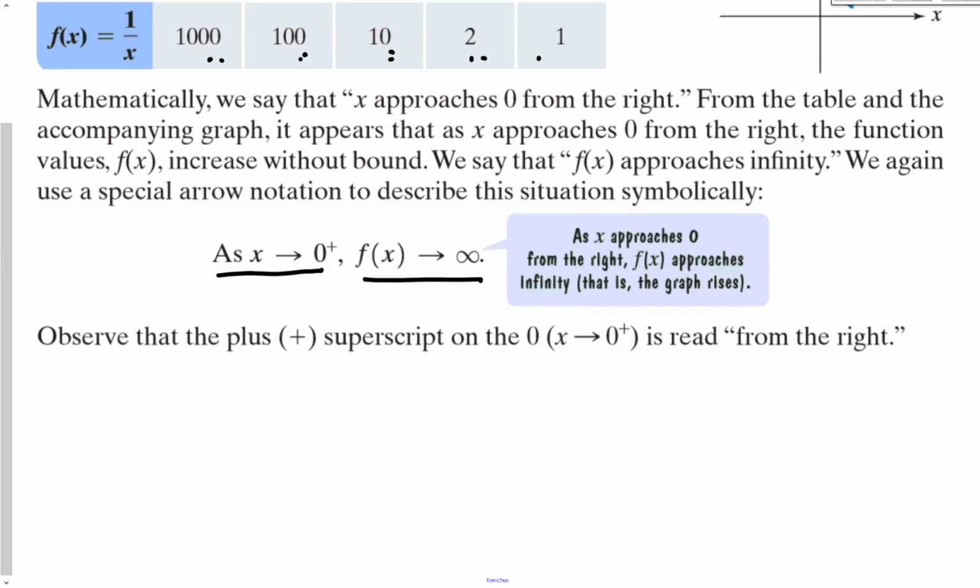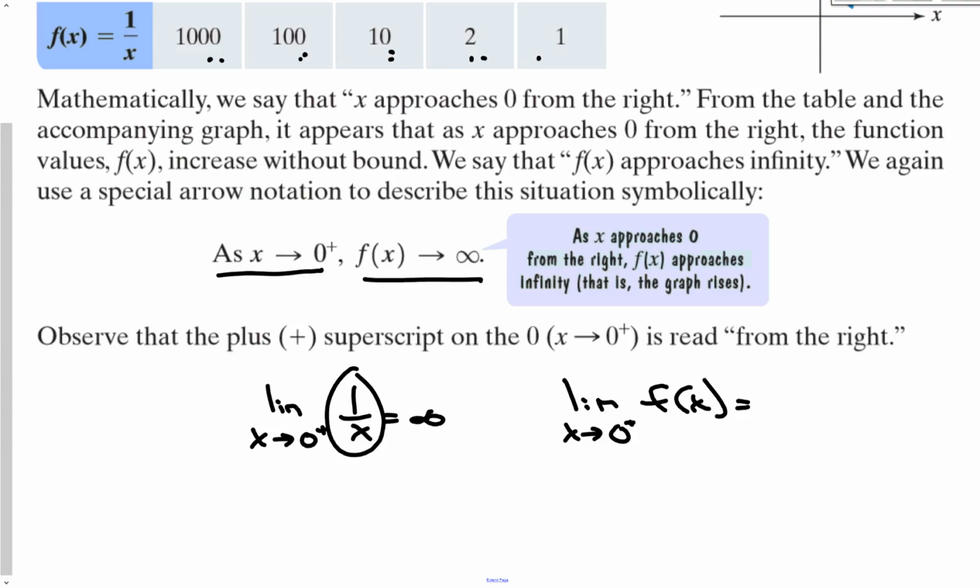With limit notation, the way I would write it is the limit as x approaches 0 from the right of my function is equal to infinity. And remember, that is the function I'm talking about. I could have just put f of x, but we are talking about a specific function here, so we can use the actual function.